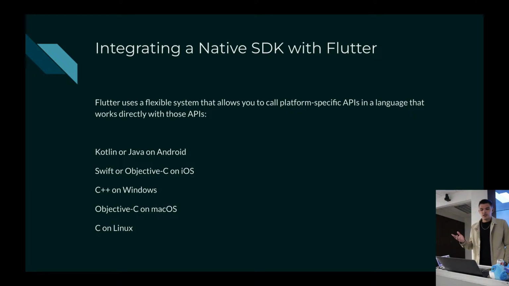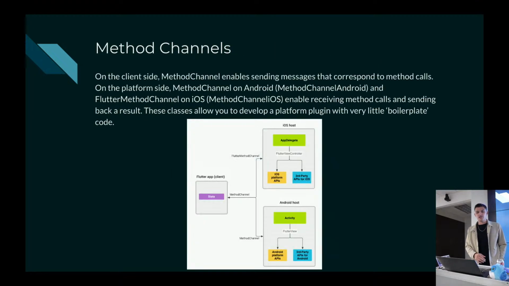To do that, Flutter uses a very flexible system that allows you to call platform-specific code in the native language. So you can use Kotlin or Java for Android, Swift or Objective-C for iOS, C++ on Windows, Objective-C on macOS, and C on Linux. And not listed here, but you can also call JavaScript code on web if you need it. The way to do this is through something called method channels.